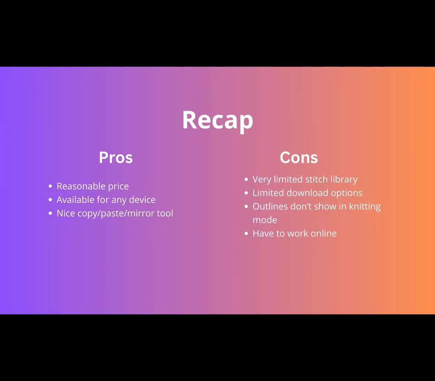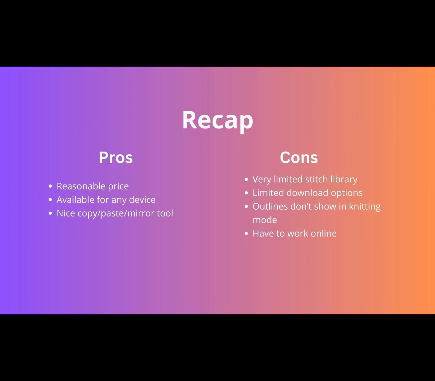But one nice little feature is that when you click the legend for that to show during working mode, it stays in that corner and you can scroll around and it's always right there. Here's a recap of the pros and cons of this system. On the plus side, it's reasonably priced and can be used on any device.